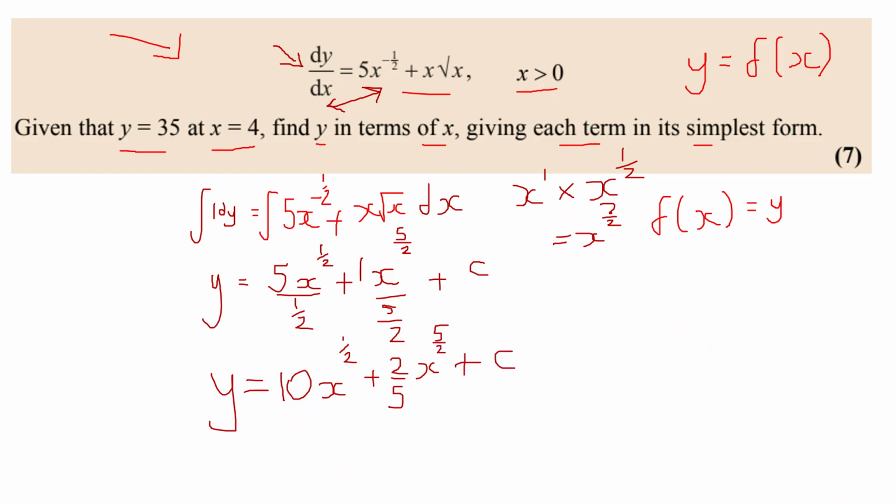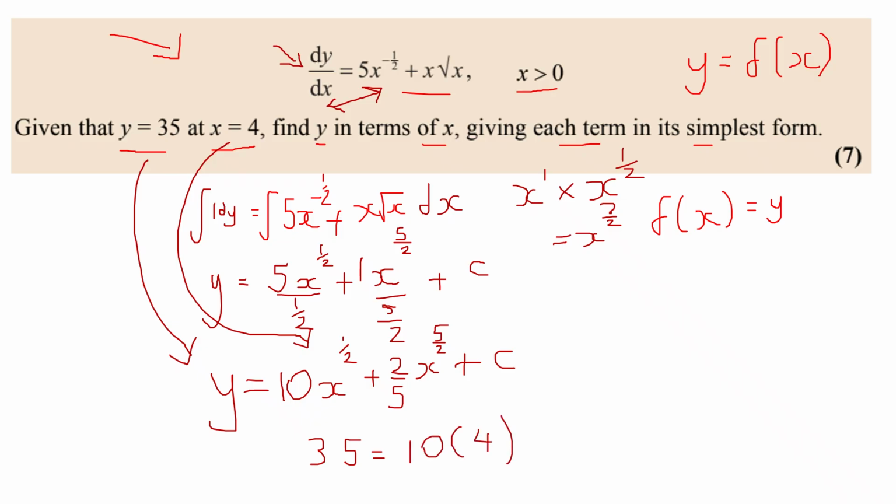I'm now going to substitute in y equals 35 when x is equal to 4. So we've got 35 is equal to 10 brackets 4 to the power of a half plus 2/5 multiplied by 4 to the power of 5 halves, plus c. Now, power of a half just means the square root.